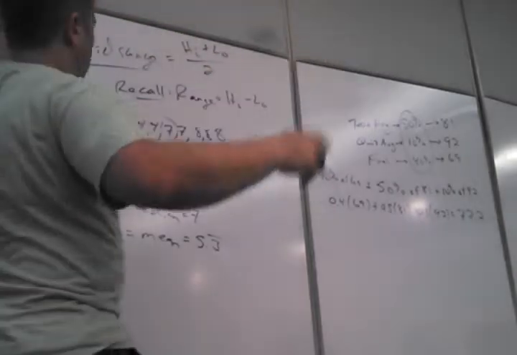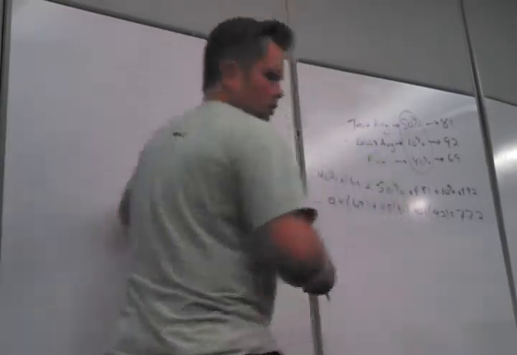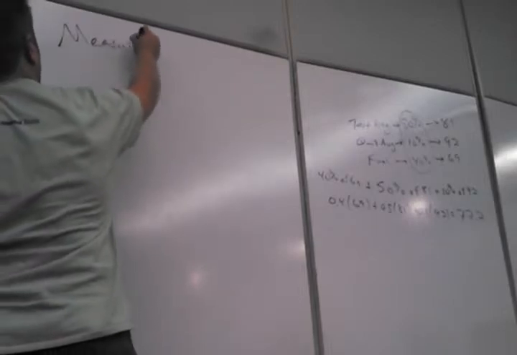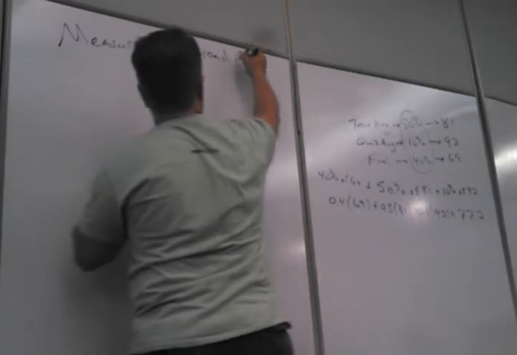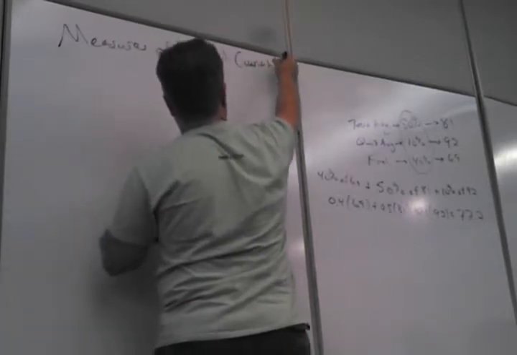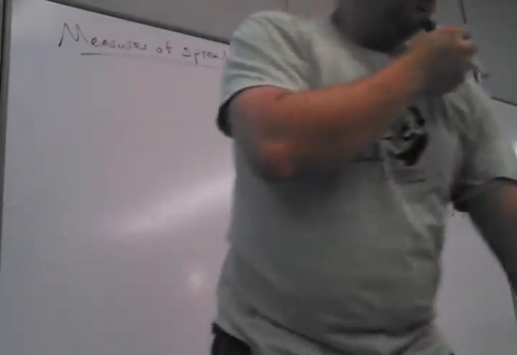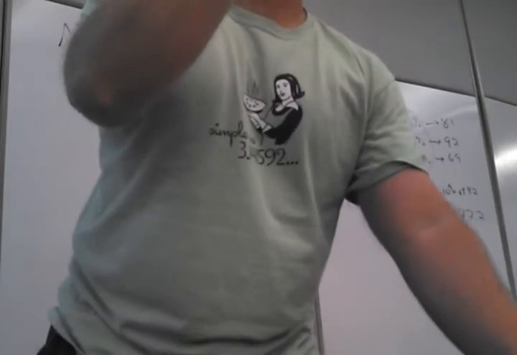Measures of spread, or variation. What we're trying to do is come up with a summary of a set of data.